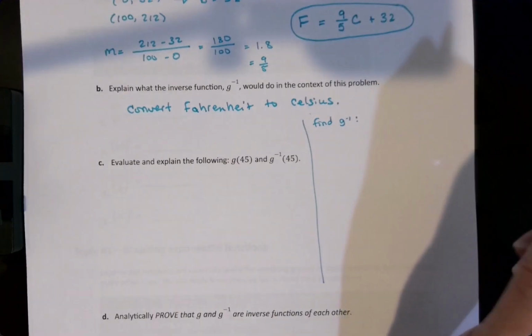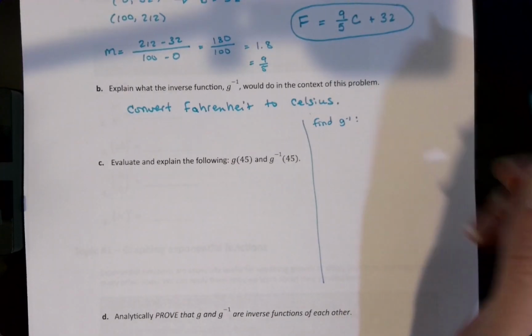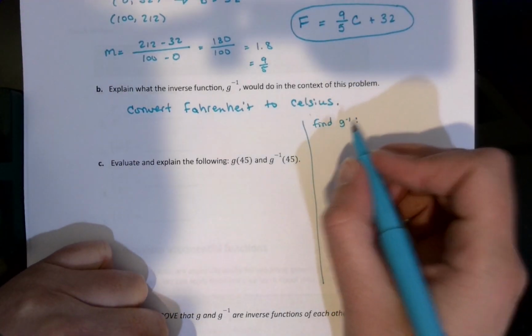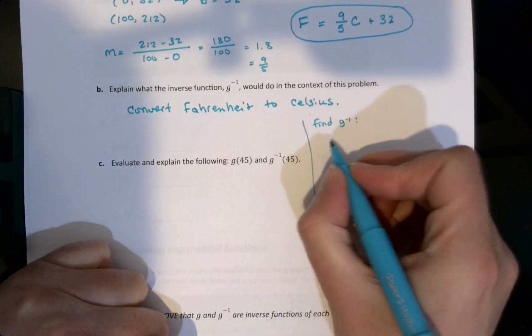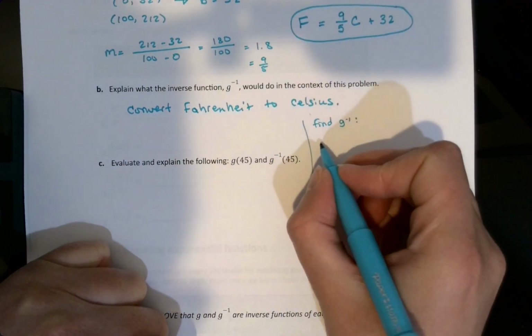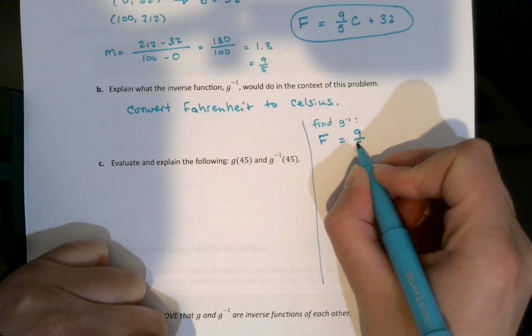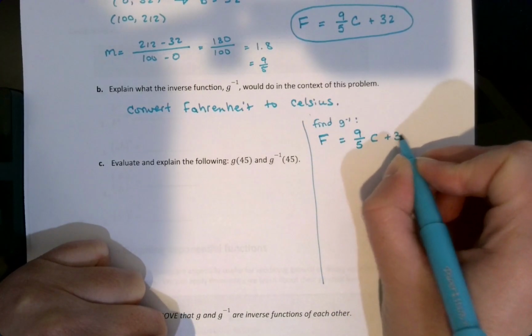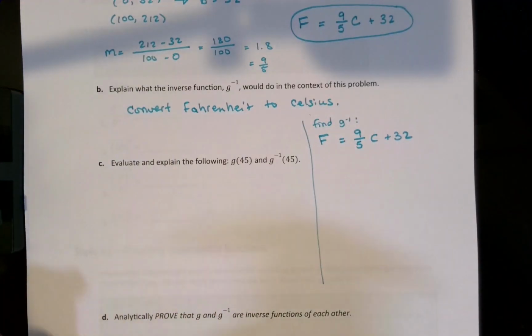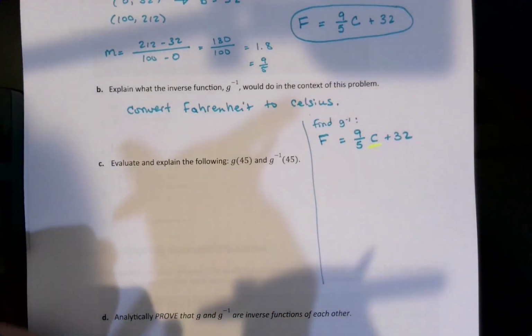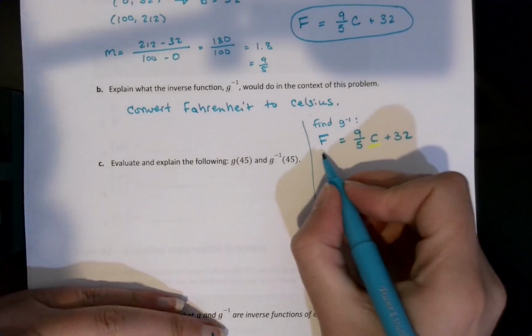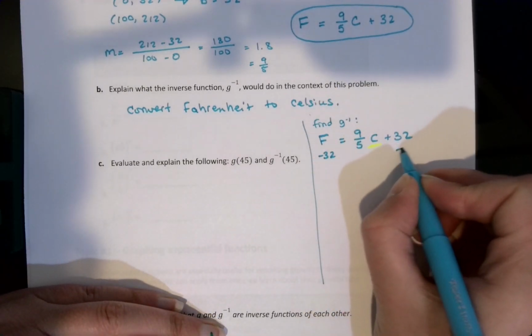All right, so to find the inverse of this function, we're going to swap the variables or solve for the other variable. Can't swap them since the letters have meaning, so we're going to instead take F equals 9/5 C plus 32, and we're going to be solving for the other variable, which in this case is C. So subtract the 32.